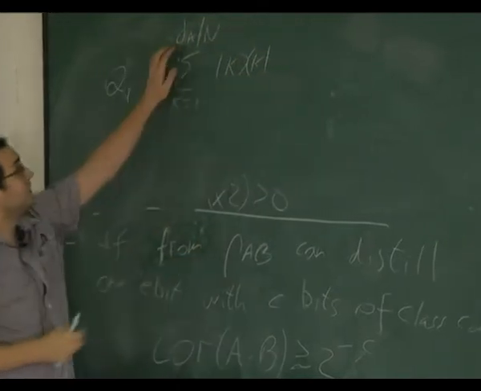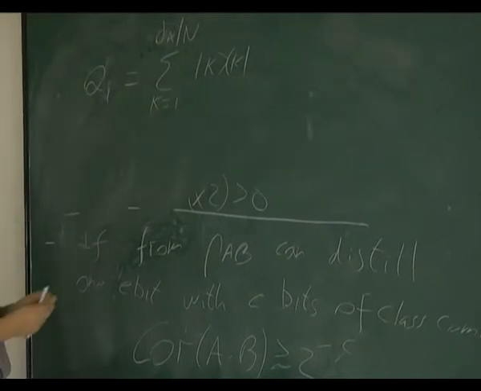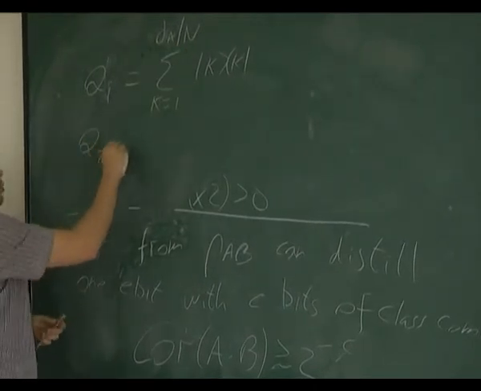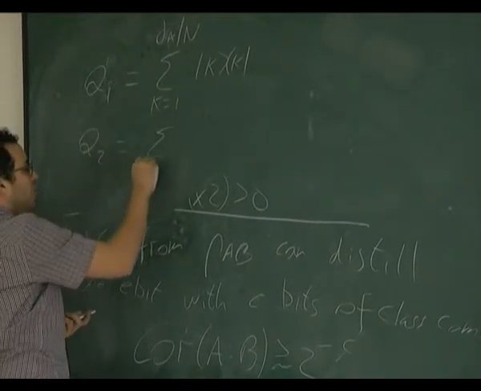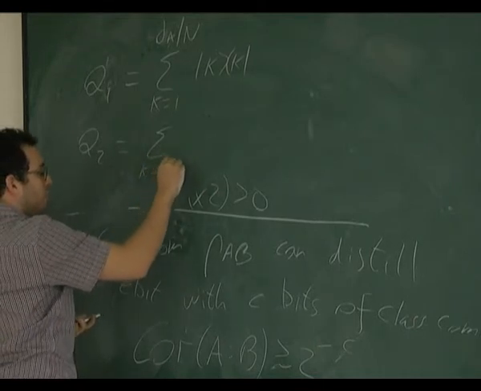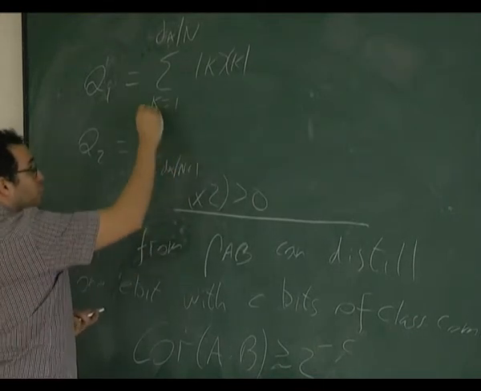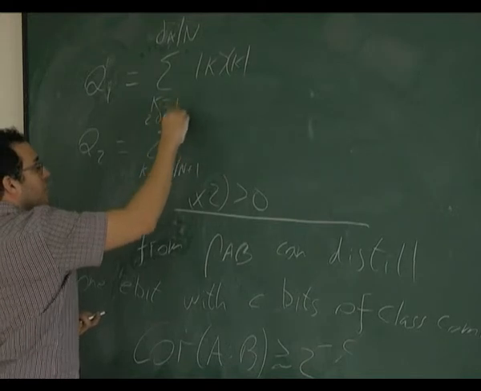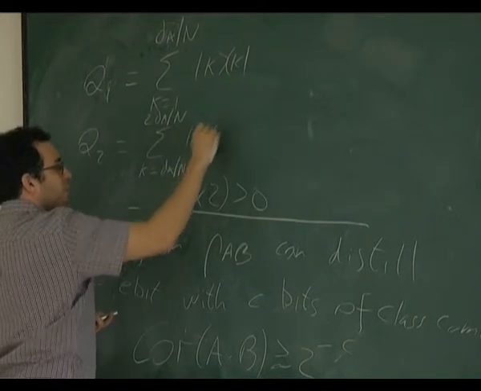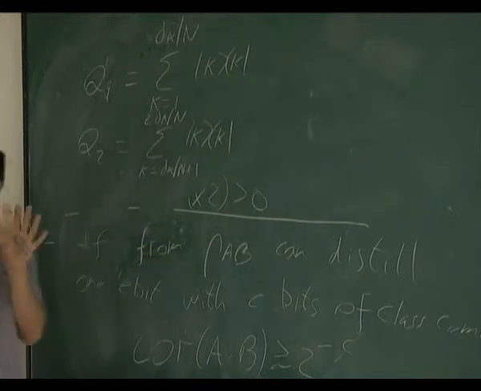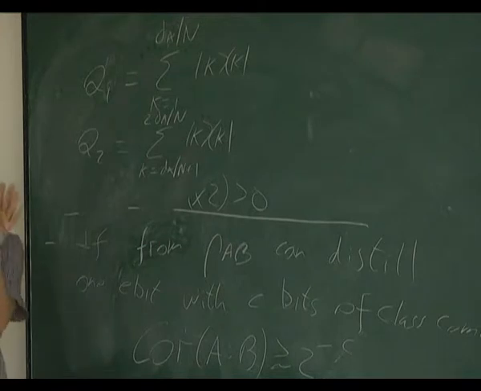So the first dA over N elements of the computational basis. Q2 would be the same thing, but K runs from there up to 2 dA over N computational basis elements, and so on. So really, we just partition the whole space into subspaces of the same dimension.